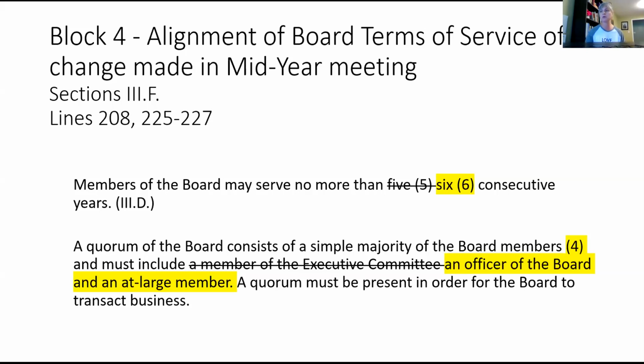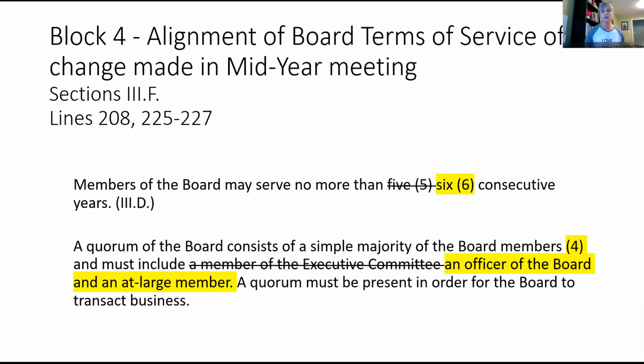Members of the board may serve no more than 6 consecutive years, since we're now on 2-year terms. And a quorum of the board consists of a simple majority of the members, 4, and must include an officer of the board and an at-large member. Since we did away with the executive committee, but we do still have officers of the board, that wording has changed simply to be consistent.